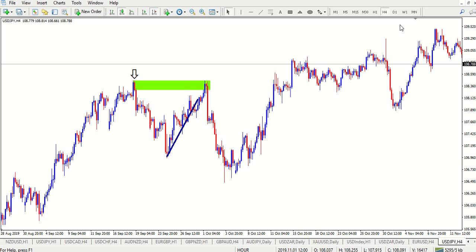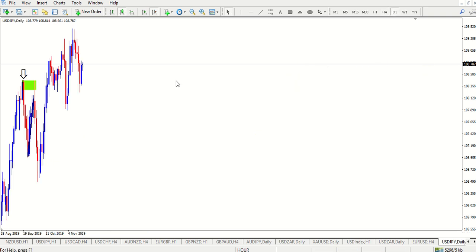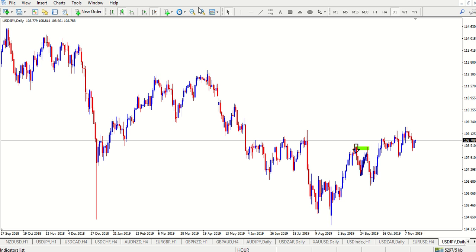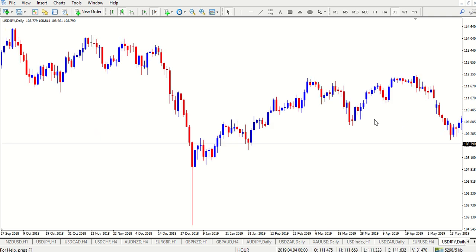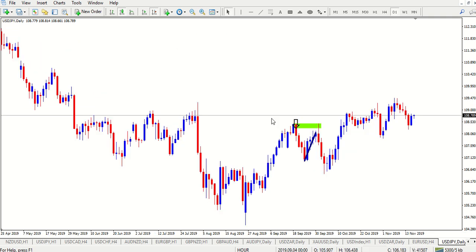So what happens next? We move over to the daily chart. Now when we move over to the daily chart, we've got a zone, which is fantastic. I wrap my lines around the zone itself, and I wait for price to come back in there, right? But now you need to remember, on the hourly chart we had a very beautiful zone right up there.